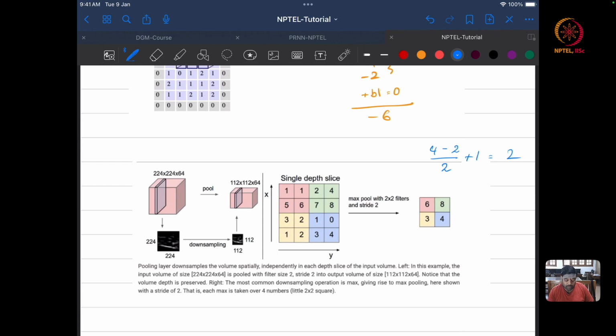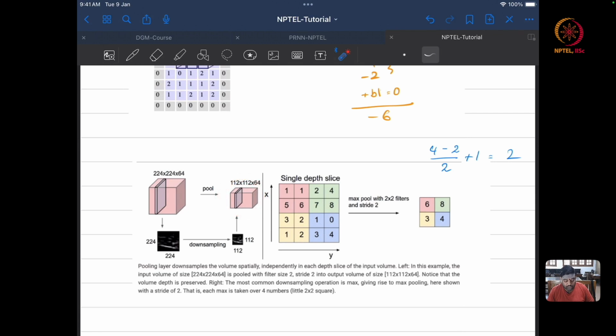Now always remember this. Whenever we have a 2 cross 2 kernel and the stride is 2, you are reducing the spatial dimension by half. That is exactly shown in this part of the figure. Now you have 224, 224, 64. When you apply pooling with a 2 cross 2 filter and a stride of 2, it gets reduced to 112, 112, 64.